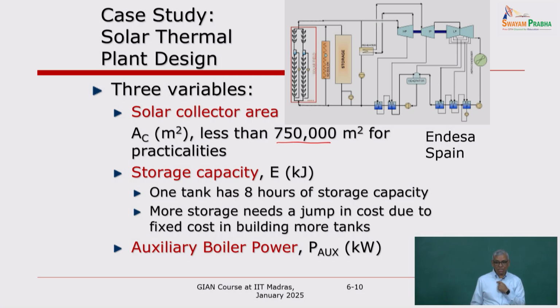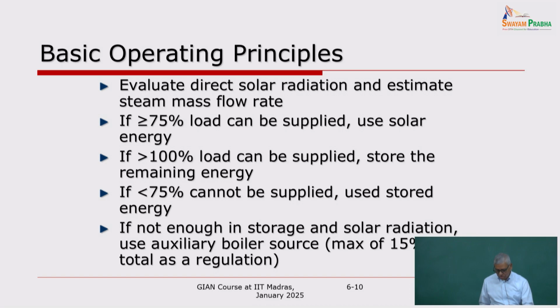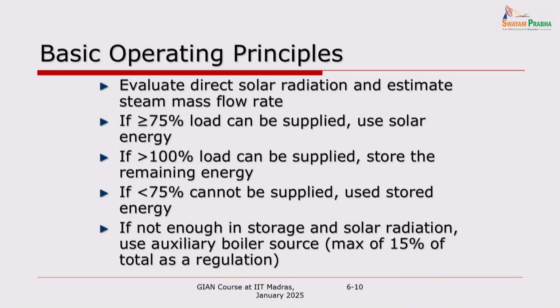That's how you get discontinuity, because if you get the second tank, you need to invest some money and there is a sudden loss in profit. They were trying to maximize profit here. And then another thing is auxiliary boiler power, that auxiliary way of generating power, and how much of that is needed. So there are only 3 variables, but I'll show you what happens. There are a lot of complications in getting to the objective function and constraints, and some of them they were not able to tell me.